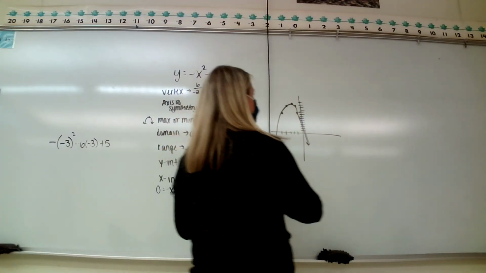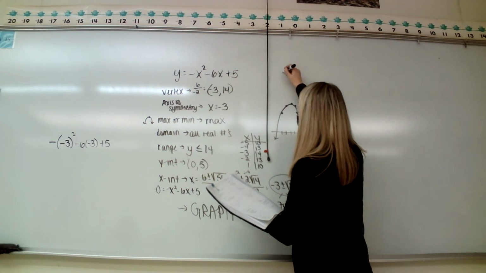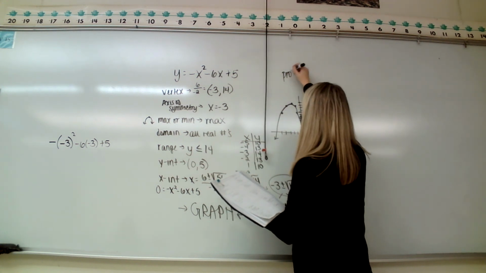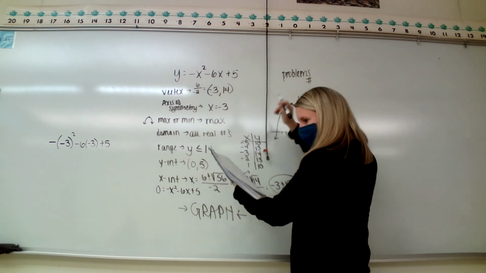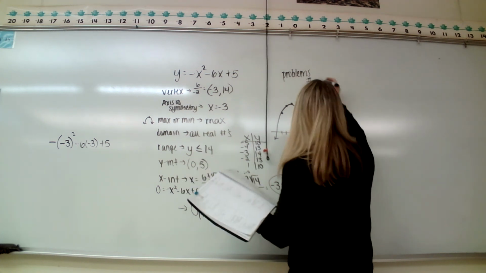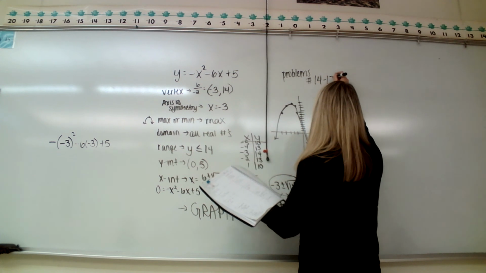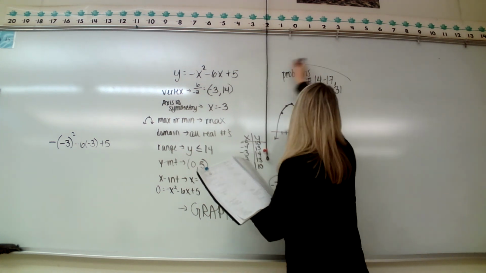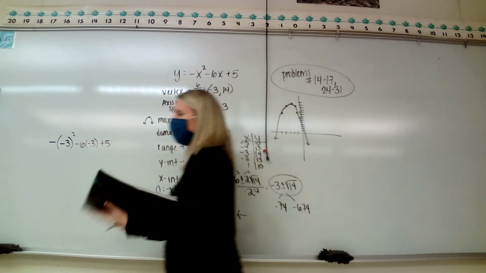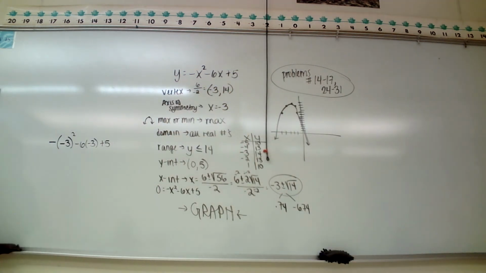All right, so here are the next problems that we'll work on. Problems number, where am I? What class am I in? It's 14 to 17 and 24 to 31. It's a little bit more with vertex form, and then it goes into some standard form stuff. Some stuff you're just labeling.